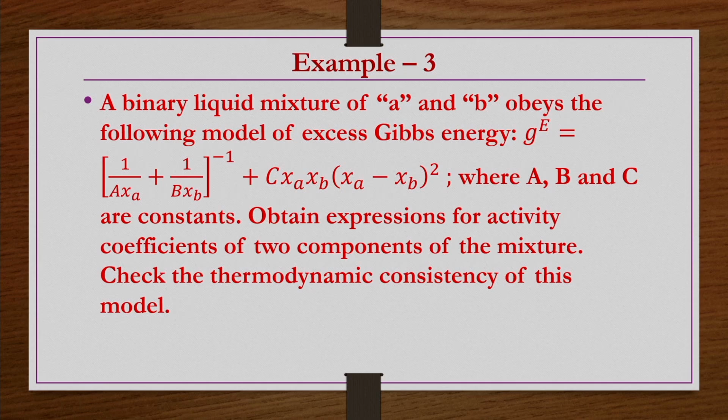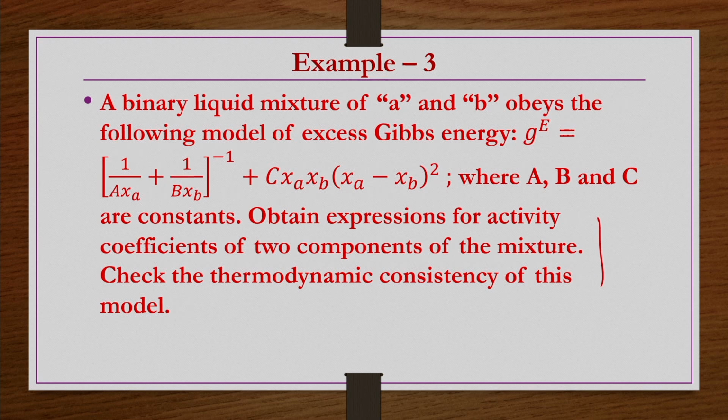So, now quickly we take another simple example problem before winding up this lecture. A binary liquid mixture of components A and B obeys the following model of excess Gibbs energy: GE is equal to 1 by (A XB) plus 1 by (B XB) whole power minus 1, plus C XA XB multiplied by (XA minus XB) whole square, where A, B and C are constants.